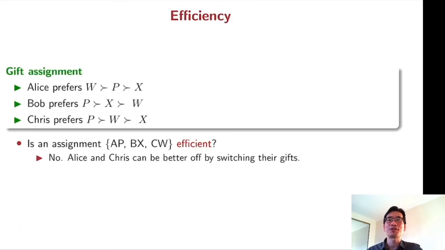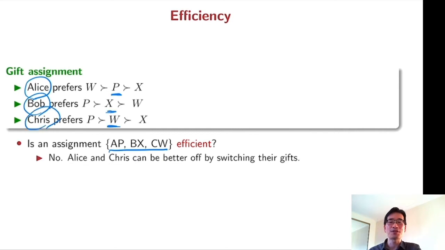We are interested in whether this assignment has good properties, for instance, efficiency. So is this particular assignment efficient? Alice got PS4, Bob got Xbox, and Chris got Wii.